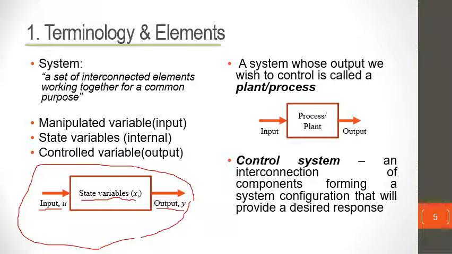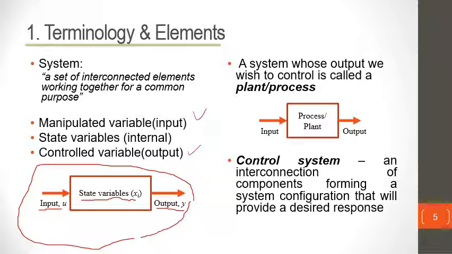For example, in our terminology, we will say the inputs of the system are what we call the manipulated variables, what we can change. And the outputs would be the controlled variables, the response we get from the system.